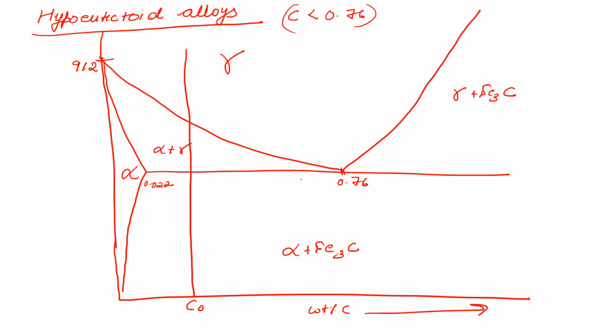And this goes on towards the carbide phase, and then let's see what we'll have at different points of the composition C naught here. Let's say this point, this point, this point, and just below the eutectoid temperature, this point. Okay, so let's draw phase fields and see what we get here.